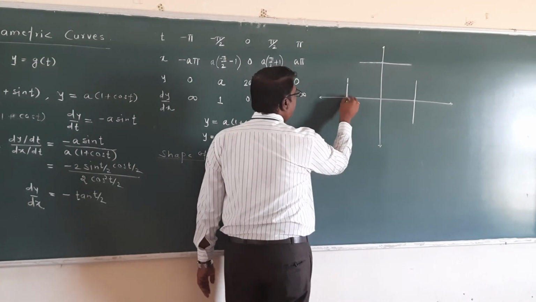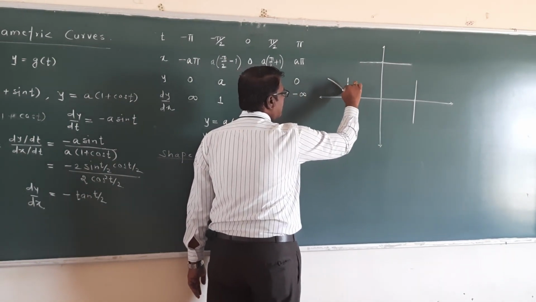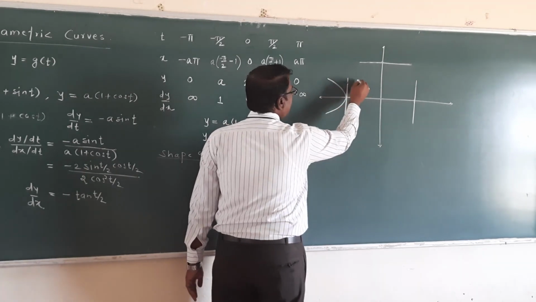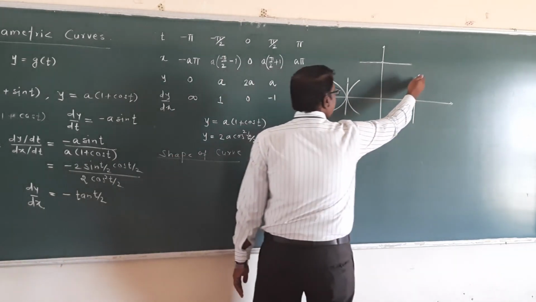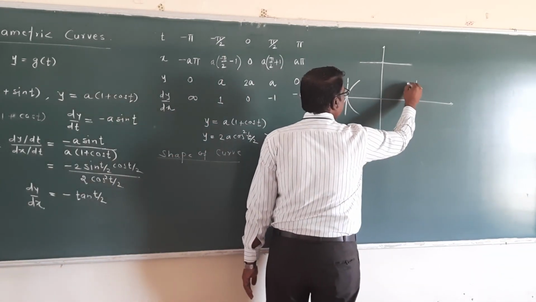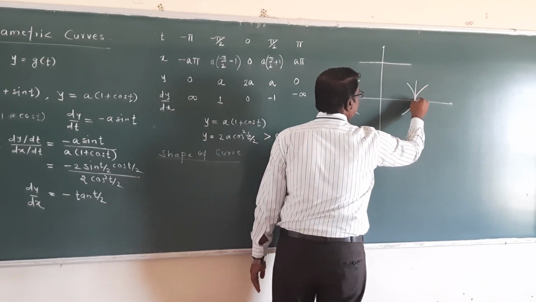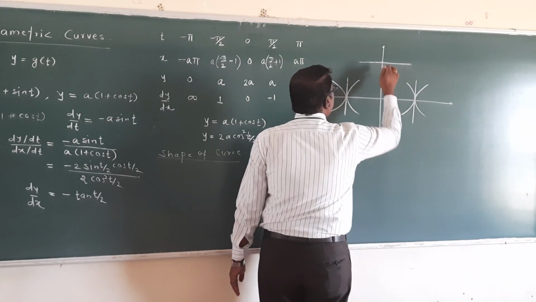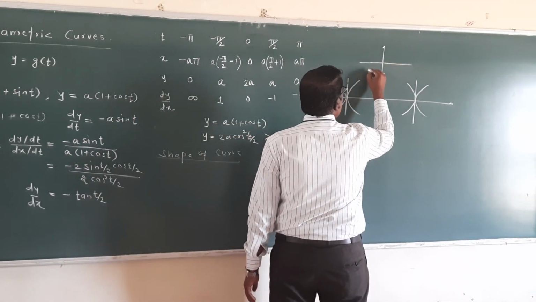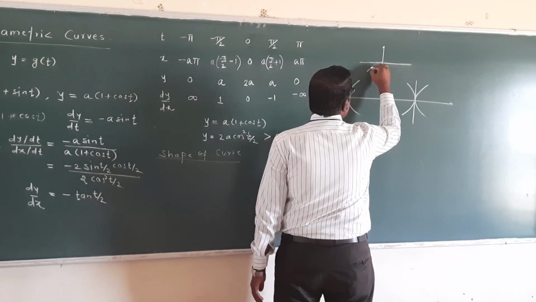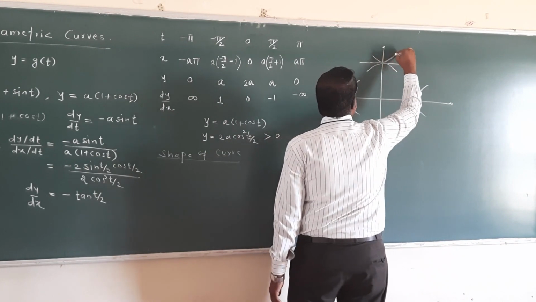Now at this point, if this line is tangent, the probable curves are like this, and again like this. Similarly, this line is tangent at this point, and again the probable curves are like this and like this. This line is tangent at the point 0, 2a, so the probable curves are like this, and again on this side.